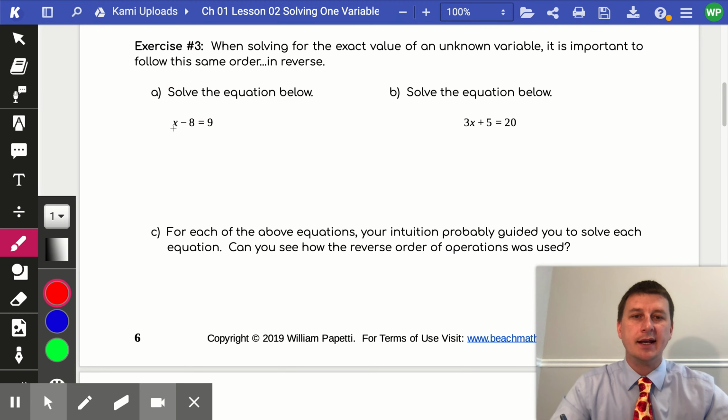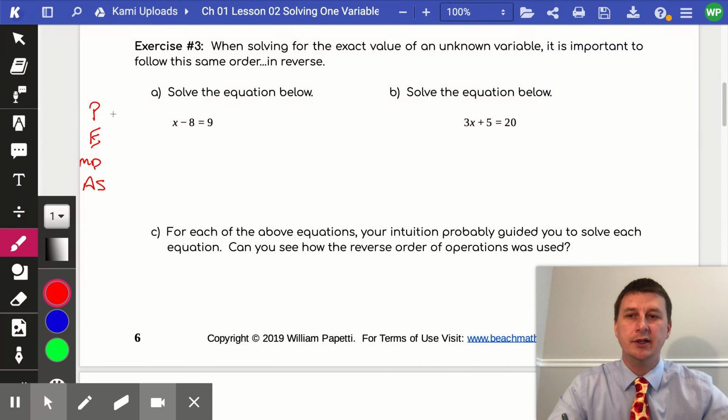So again, we have x minus 8 equals 9. And if we are looking at our order of operations, which we know as parentheses, exponents, multiplication or division, addition or subtraction, if we were to simplify an expression, we'd go down this list. But since we're solving for an unknown, we're going to go up this list.